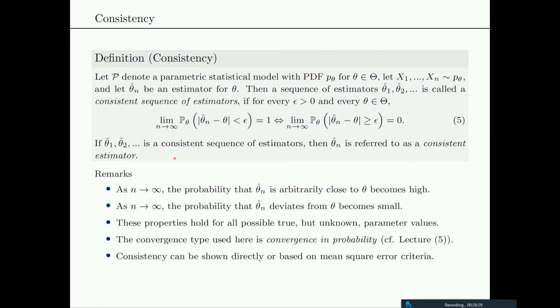Now if you want to show that some estimator is consistent, you can either directly test whether your estimator fulfills this criterion with the limiting process. I had an example for that from the Casella book, which for the moment I left out because I didn't find the time to really prepare that in depth, because I was busy with the maximum likelihood estimator properties.